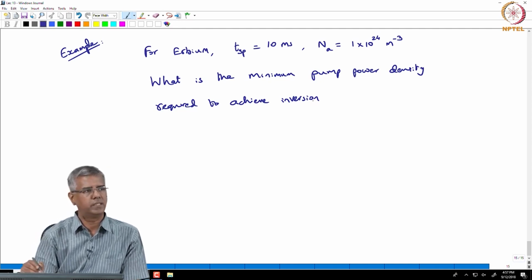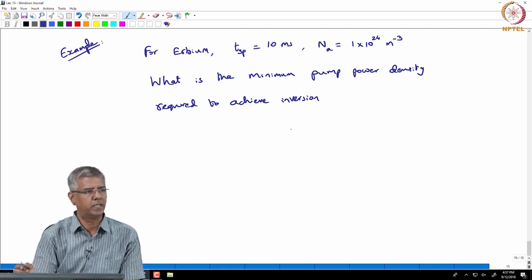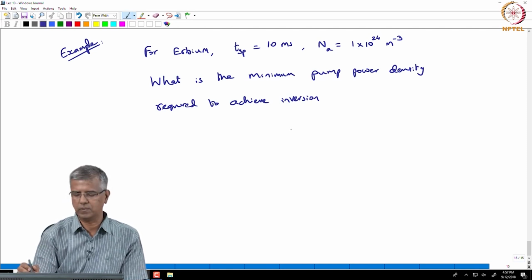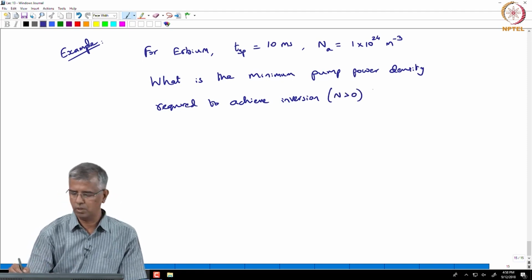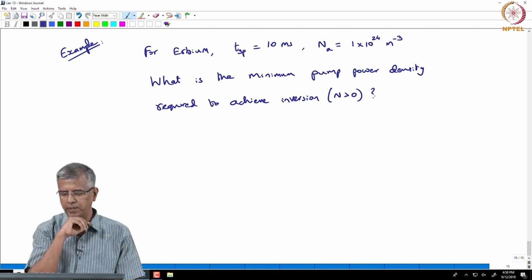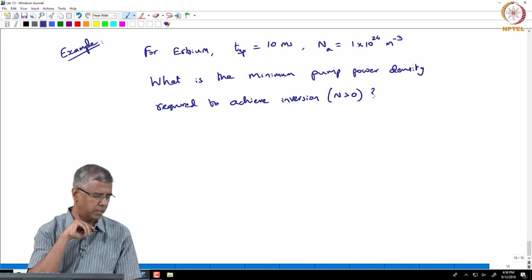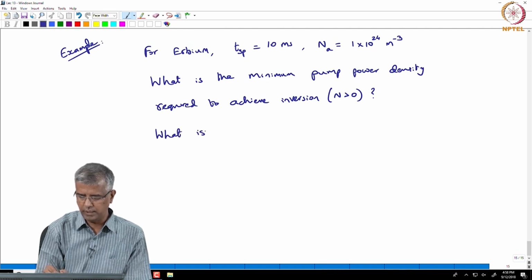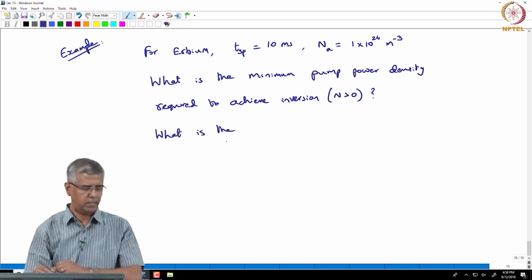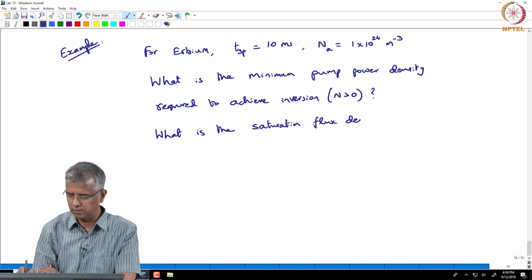Inversion essentially means that your n2 minus n1 is greater than 0, or n is greater than 0. So, what is the minimum pump power density required to achieve inversion, and you are also asked to figure out what is the saturation flux density.